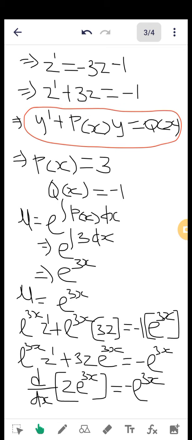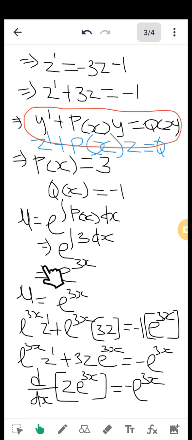So we can replace my equation in the form z prime plus p of x z equals q of x, to avoid confusion. This is my z prime, this is my p of x, this is my z, this is my q. It's the same thing.